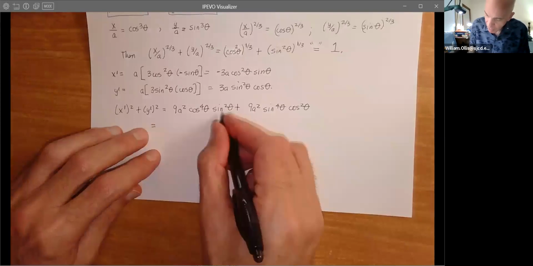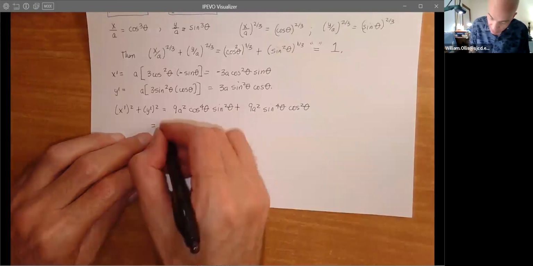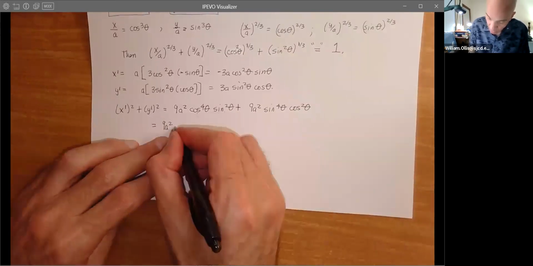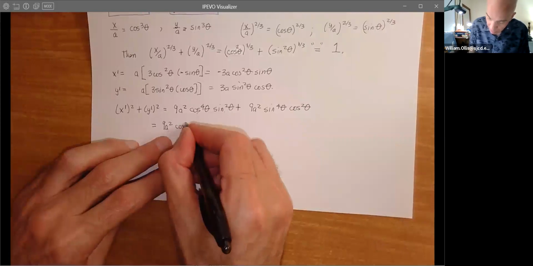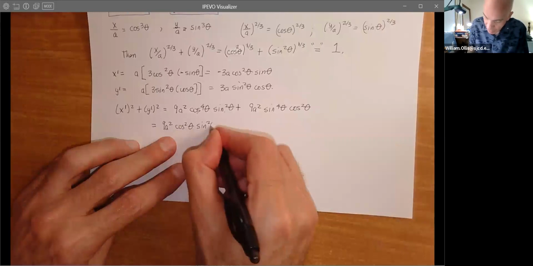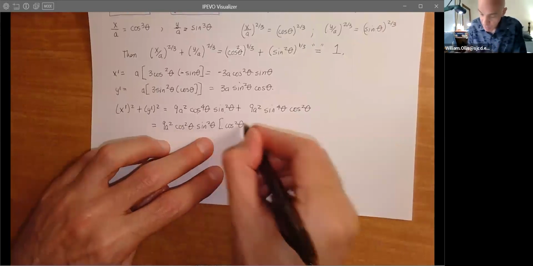So that'll reduce very nicely. We'll take out a 9a squared and two copies of cosine and sine. So we'll have cosine squared theta, sine squared theta, and that leaves behind cosine squared plus sine squared.